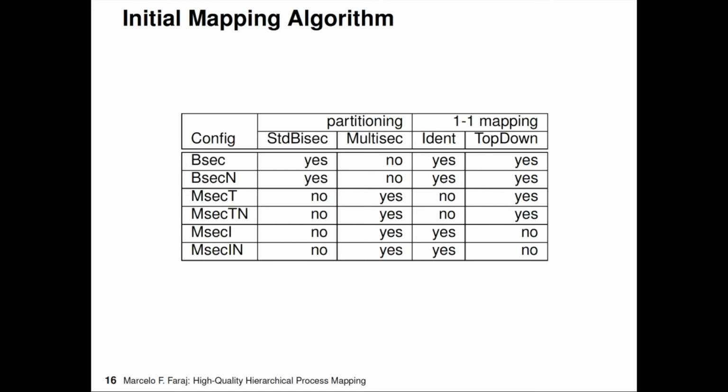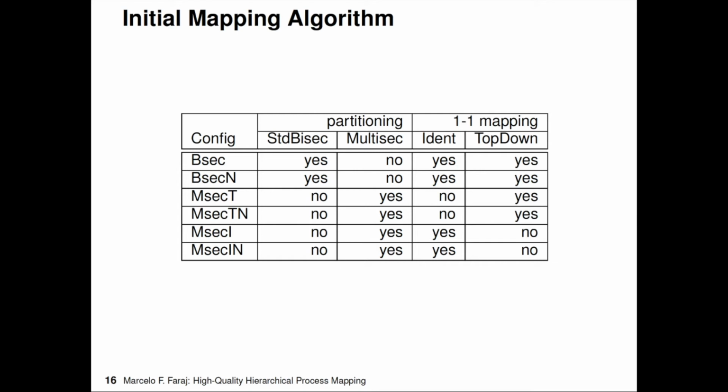Using these components, we construct 6 different initial mapping algorithms. In the first 2 algorithms, we apply the bisection and the identity and the top-down N algorithms, depending on whether the number of processing elements is a power of 2 or not. In the following 2 initial mapping configurations, we use the multi-section followed by the top-down N algorithm.